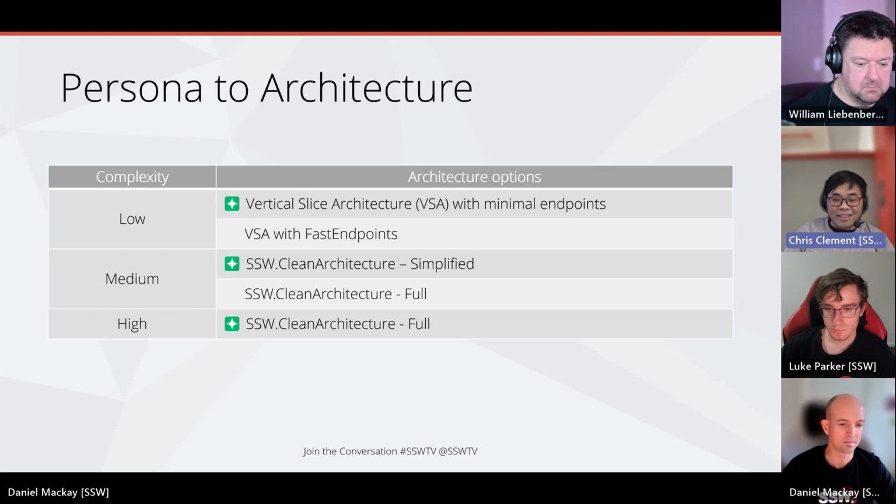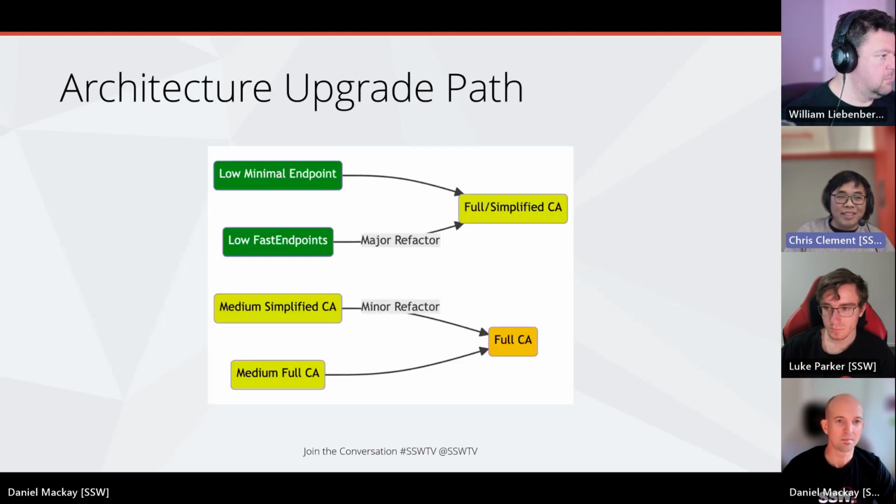Now on the next slide, I have another one, which is the upgrade path. We also thought about how, if a project grows beyond its scope and you want to move to a higher complexity, that's also possible. For low with minimal endpoints, there's an upgrade path to full simplified clean architecture.